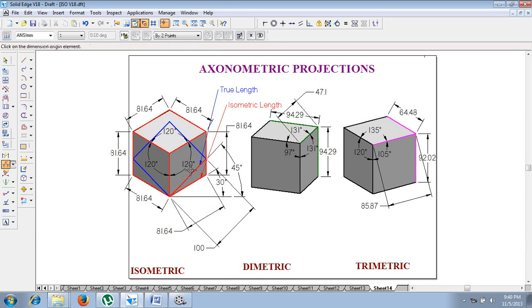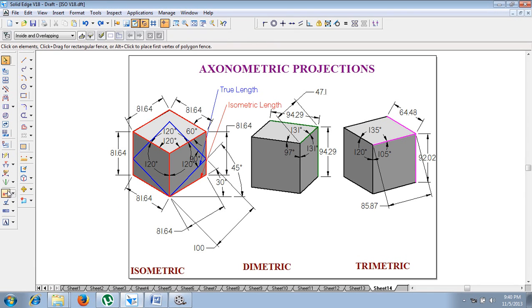The angle between these two lines will always be 90 degree in case of normal projection, but in case of isometric projection the angle between these two lines will be 60 degree. In the same fashion the angle between these two lines will be 120 degree.